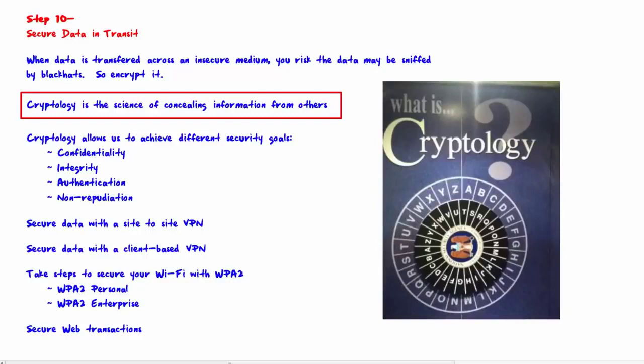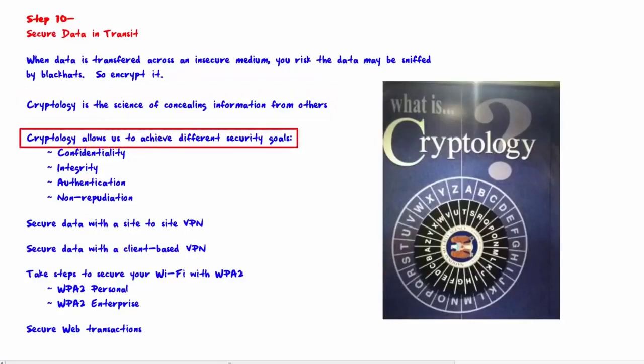In cryptology, we deal with plain text, which is the same as clear text, which is data that can easily be read by anybody. We encrypt the data into ciphertext, which makes it difficult to read by others. Hopefully, very difficult. Ciphertext can be decrypted to get back the original clear text.